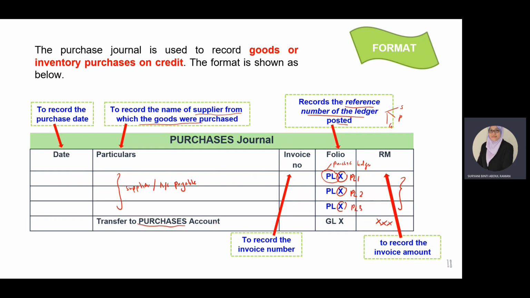So purchase account is an example of nominal account. What is nominal account? Nominal account consists of accounts under revenue and expenses. So nominal accounts are categorized under general ledger. Since you might have more than one account under general ledger, you have to put the number for the reference. We assume that purchase account is the first account in general ledger, so you will record it as GL1.